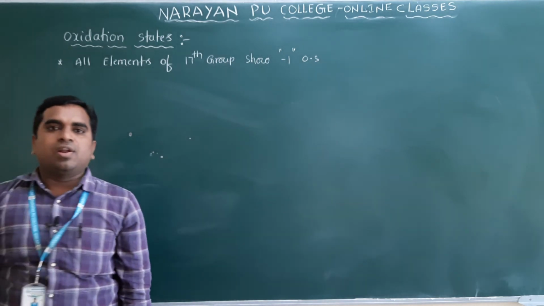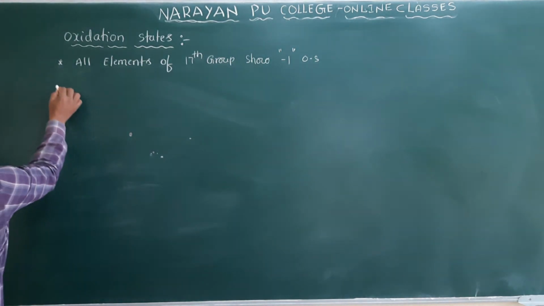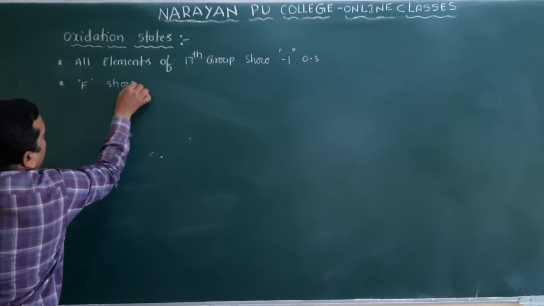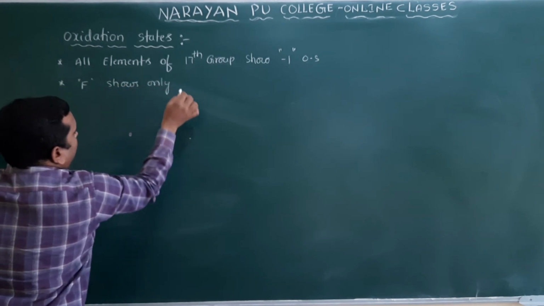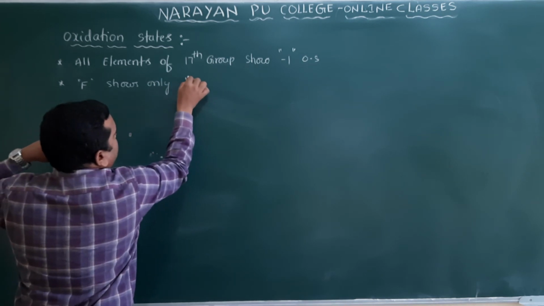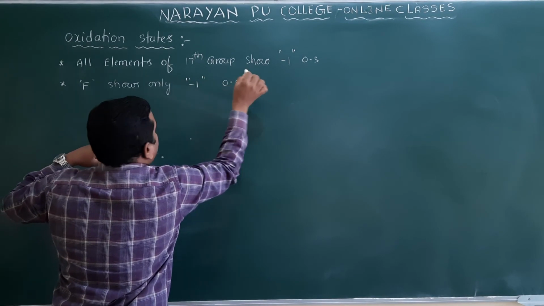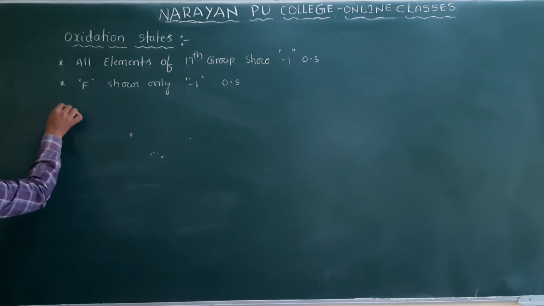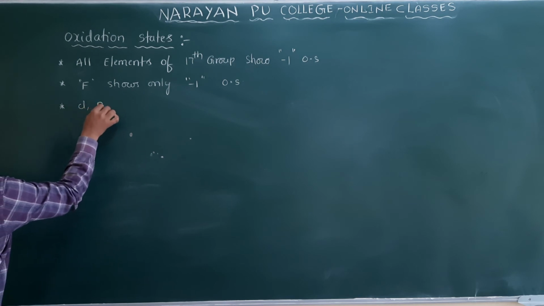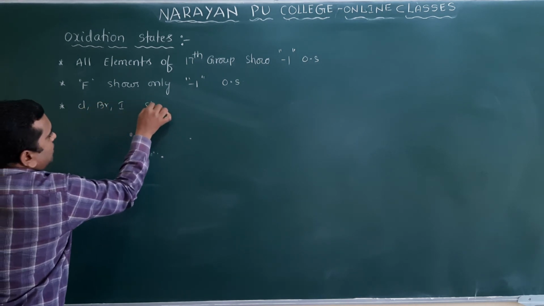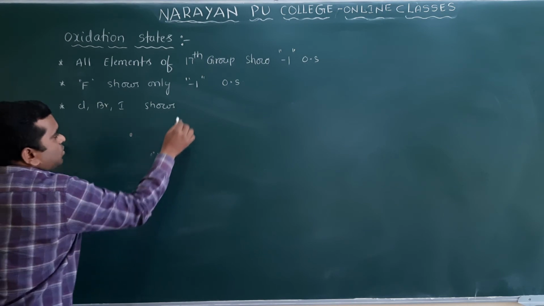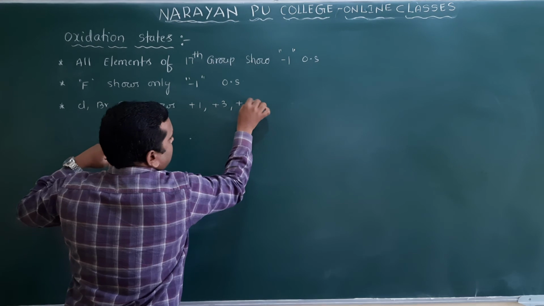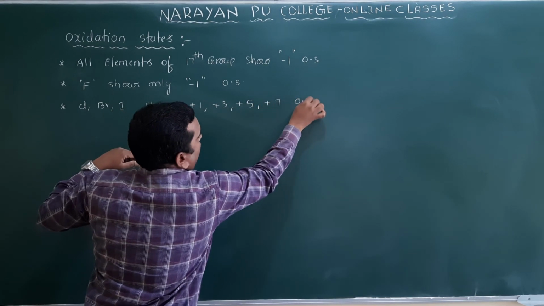But fluorine shows only one oxidation state, that is, the -1 oxidation state. Fluorine shows only the -1 oxidation state. Clear? But the remaining halogens like chlorine, bromine and iodine show, along with -1, +1, +3, +5 and +7 oxidation states.